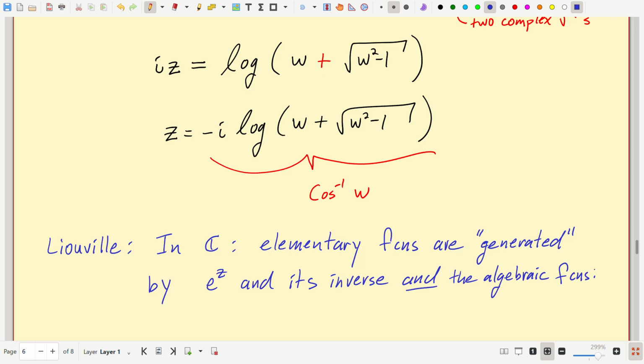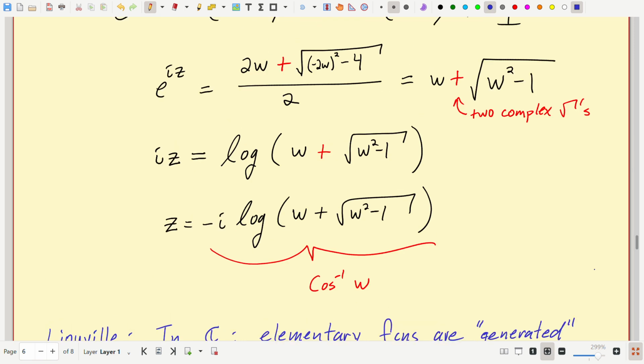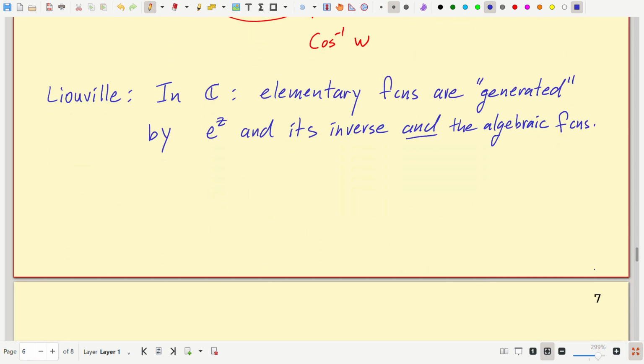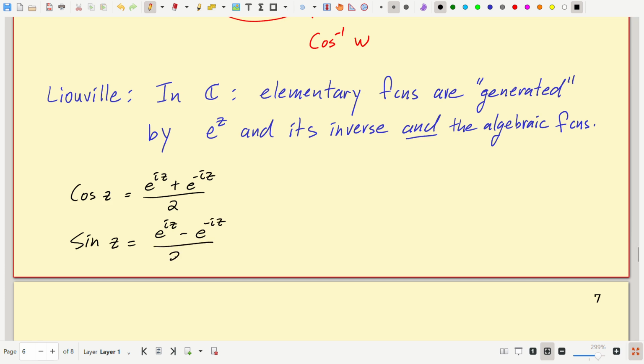Of course, I didn't mention, what's another one to mention here? The complex cosine function is e to the iz plus e to the minus iz over 2. The complex sine function is e to the iz minus e to the minus iz over 2i.